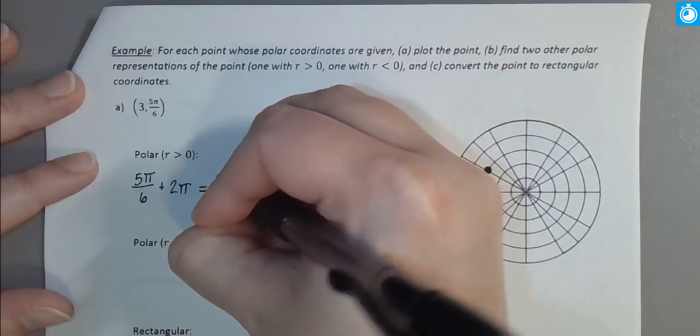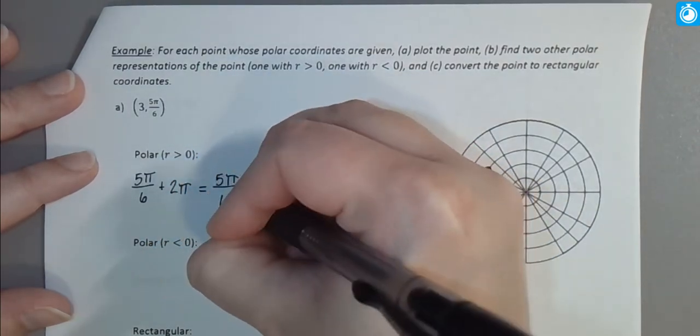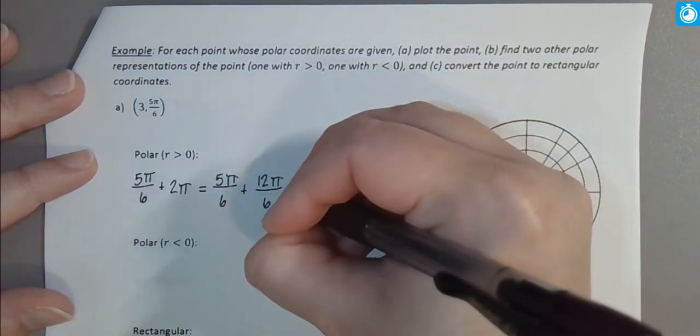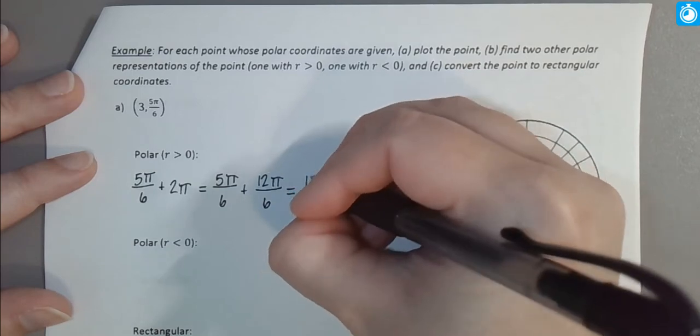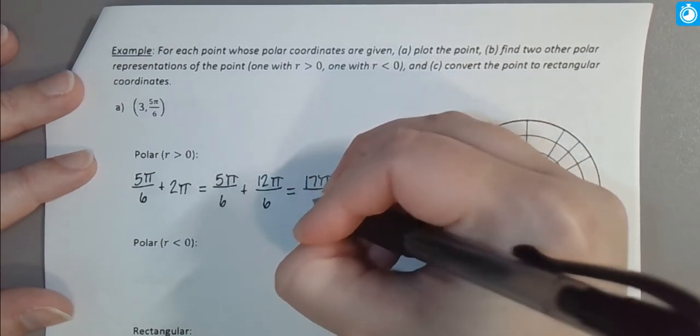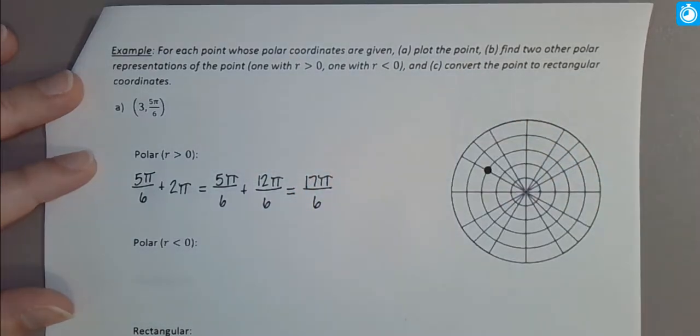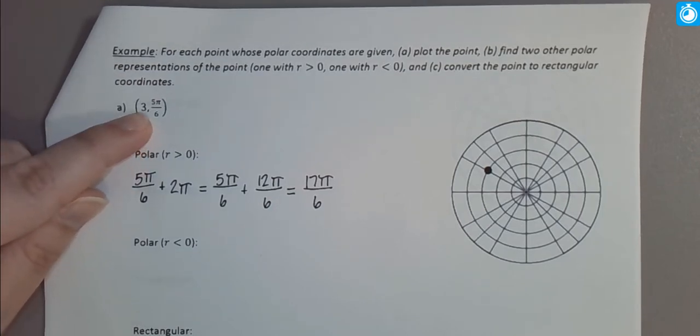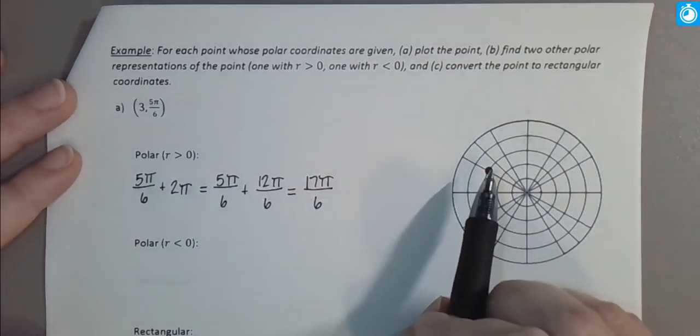So 5 pi over 6 plus 12 pi over 6, which would give us 17 pi over 6. So that would be another value for theta associated with r equal to 3 that would take us to this particular location.